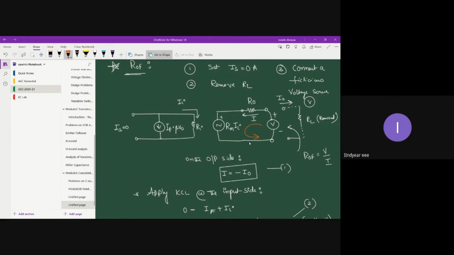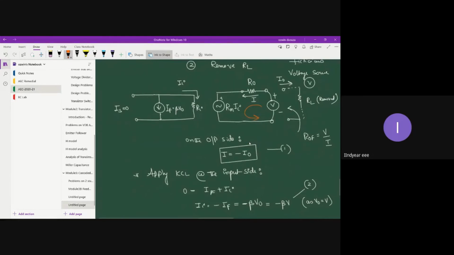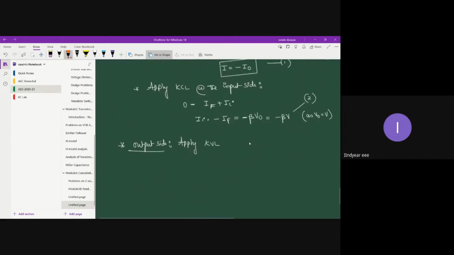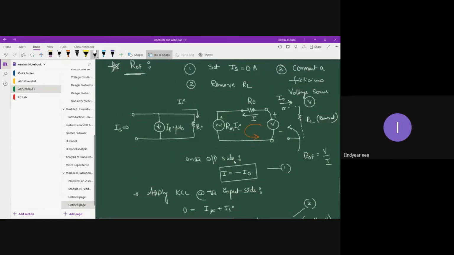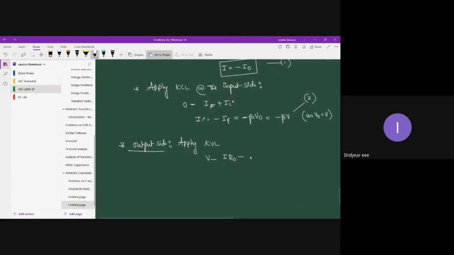So let me apply KVL in the anti-clockwise direction. So it is V minus I into R naught minus Rm into Ii is equal to 0.